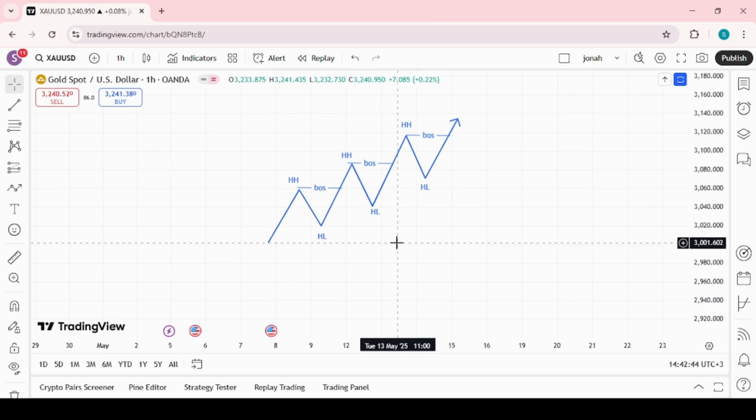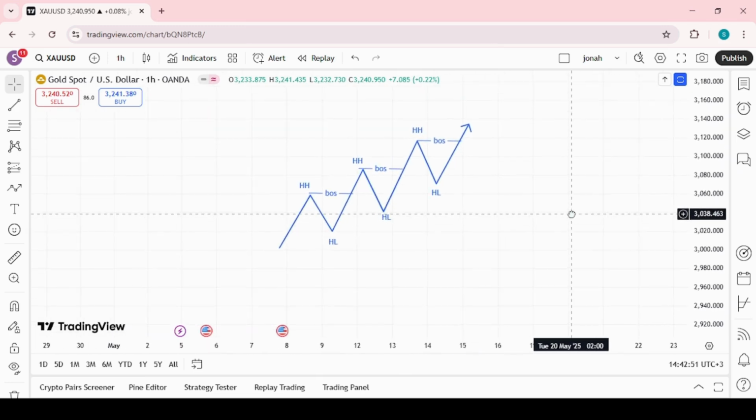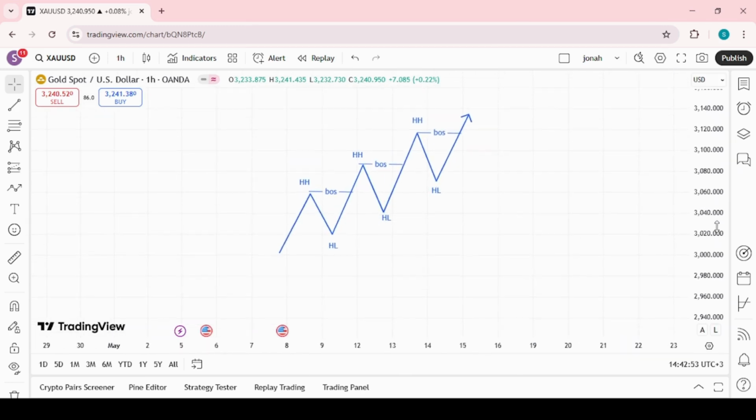I'm sure you have seen somewhere traders writing BOS and CHoCH. So that's break of structure and change of character.